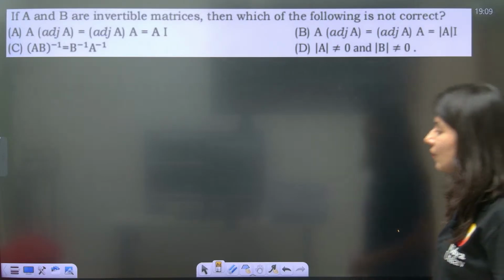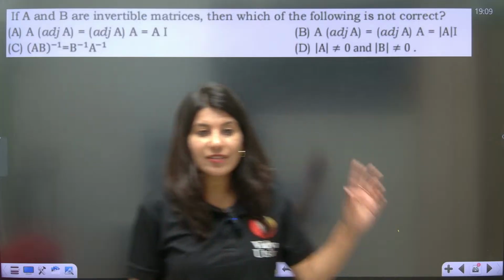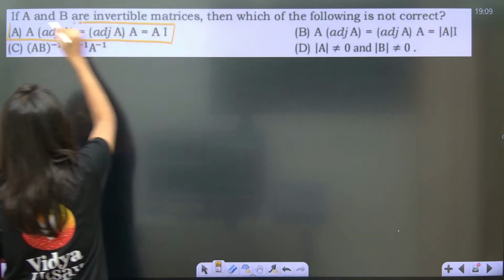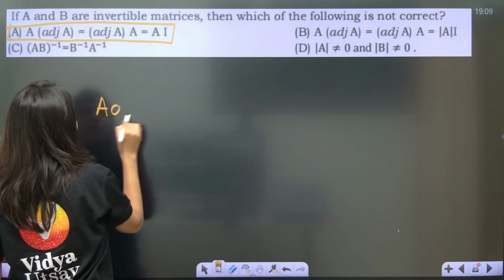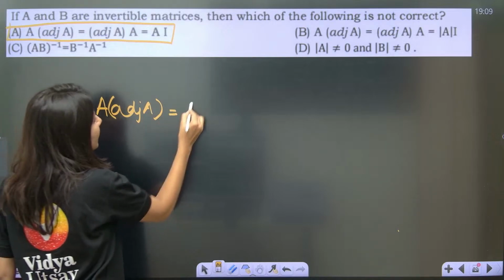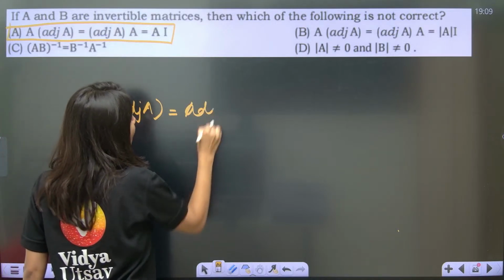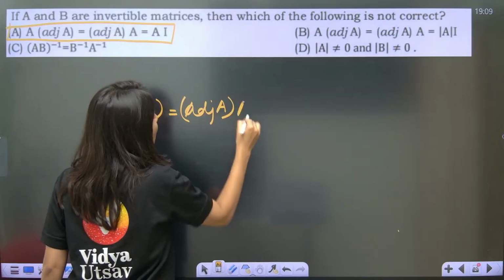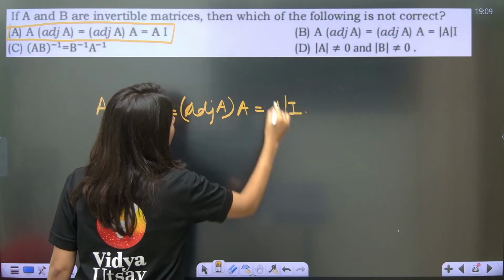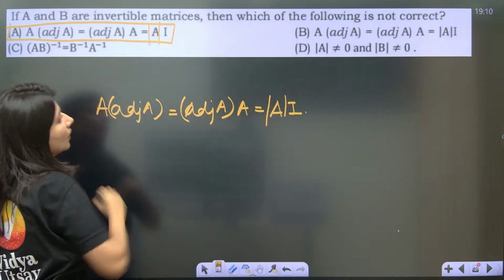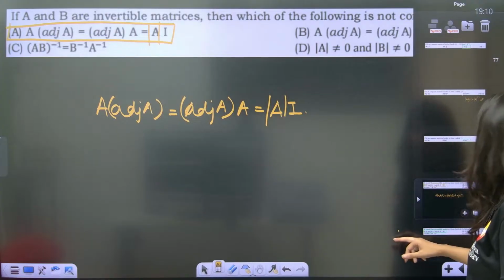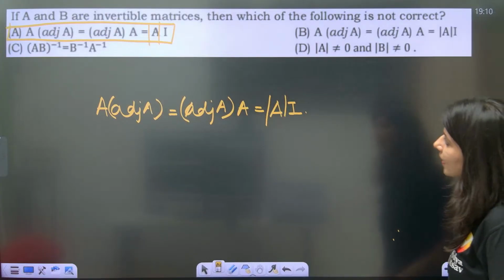Okay. Then one more very popular property, the very first option is actually a property. You should see it and you should be like, yes ma'am, we know it. A times adjoint of A, the multiplication between matrix A and adjoint A, is equal to adjoint A into A, which is equal to determinant A into I. So which option is correct from here?